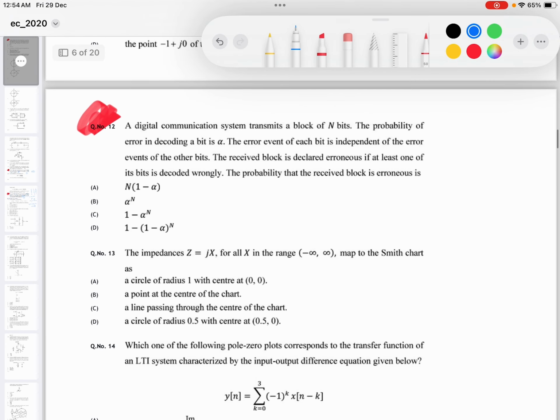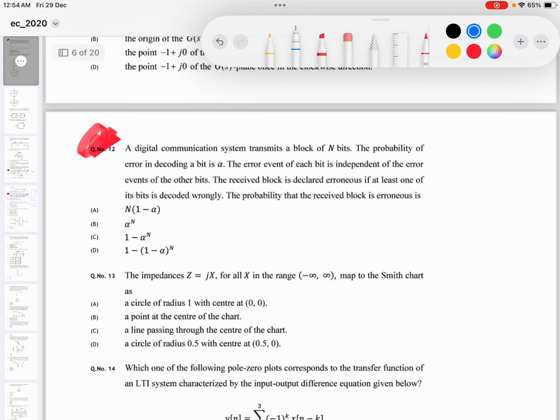Okay, now this question is again, I think, oriented more towards digital communication, but it's a good question, you can look at this. What it is asking: a digital communication system transmits a block of n bits. So we have some block of n bits, right?